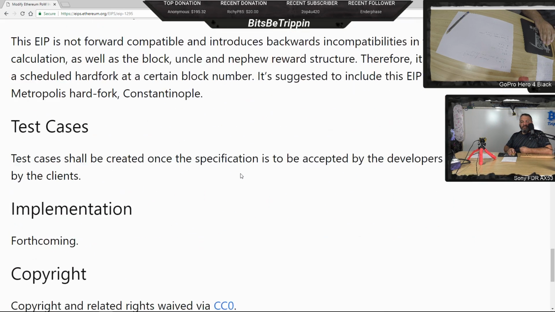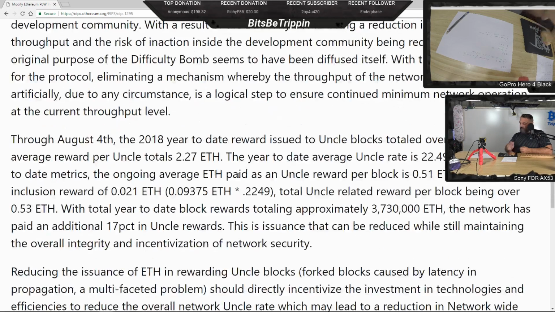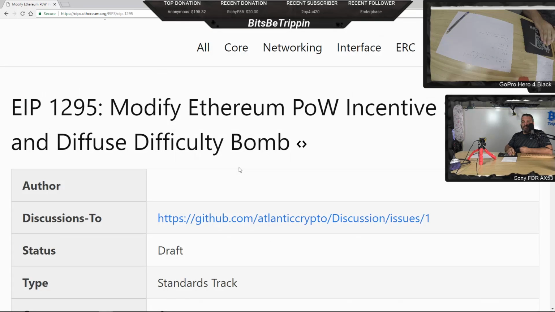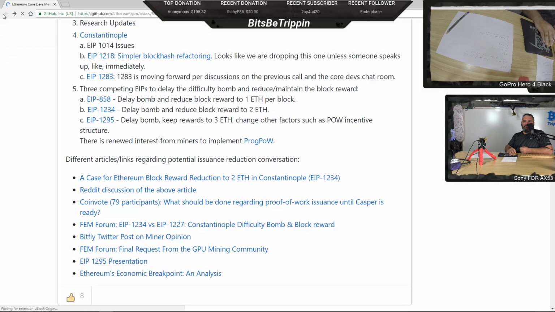Backwards compatibility. Okay, so that's all that's really on this EIP. I do not see any ProgPoW proof of work. All of these included just the assurance reductions, and these were all difficulty bomb changes. Okay, so they did it in the Ethereum Dev Meeting as a separate bullet point.